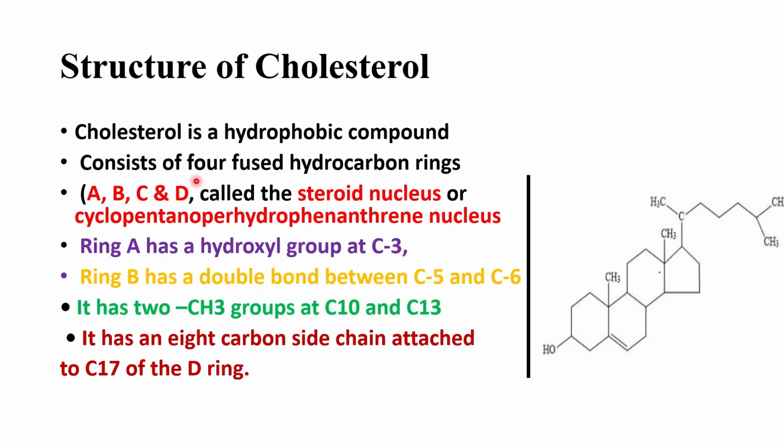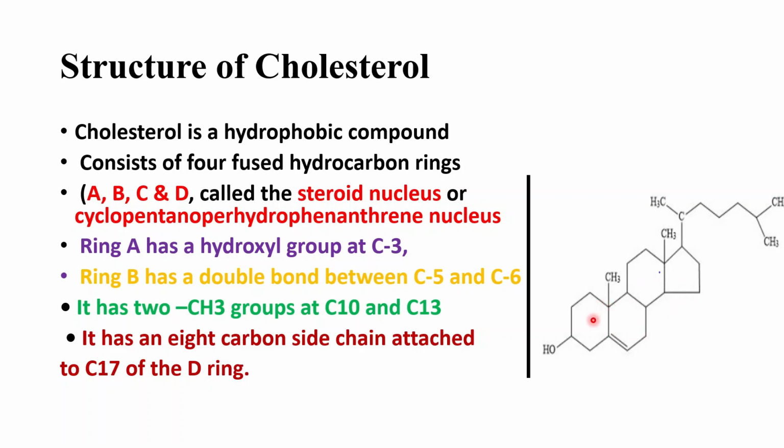It consists of four fused hydrocarbon rings, that is A, B, C, D, also known as the steroid nucleus or cyclopentanoperhydrophenanthrene nucleus.